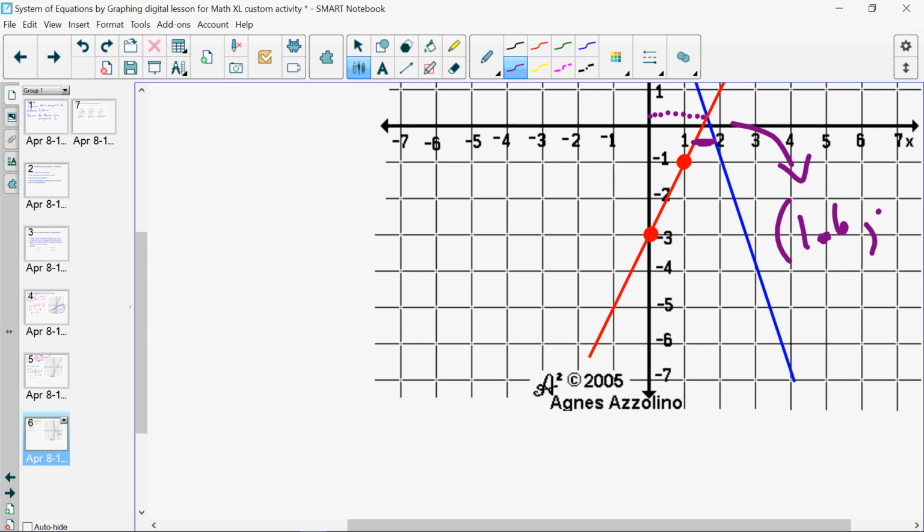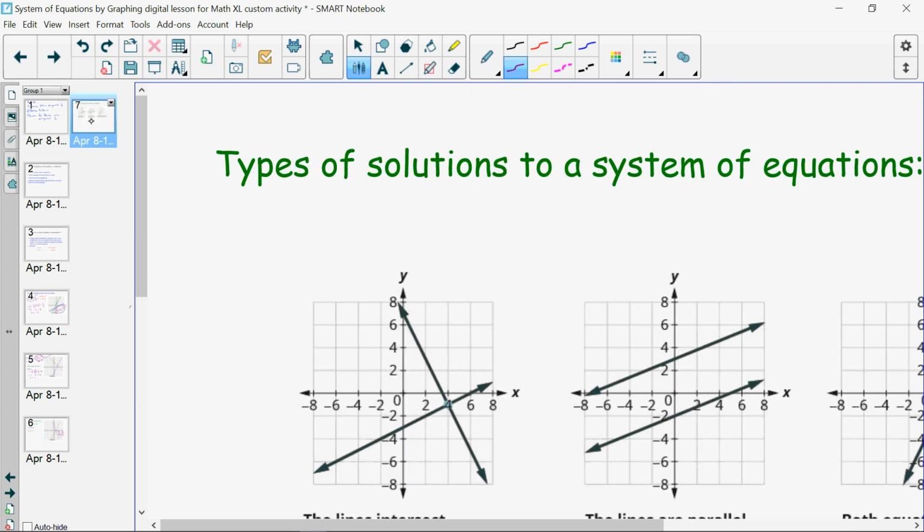So my y value would be about 0.2. So my approximate solution is 1.6, comma 0.2. That's my x value. That's my y value. I'm just taking my best estimate because without solving it out mathematically, graphing isn't a perfect way to solve that one. All right, so lastly, and then we're done.